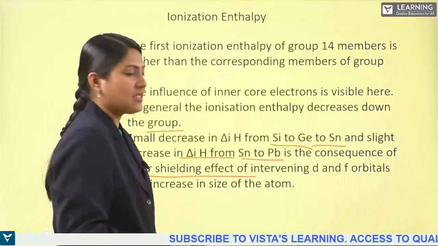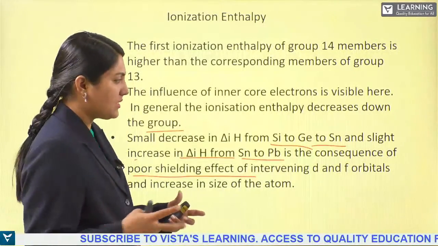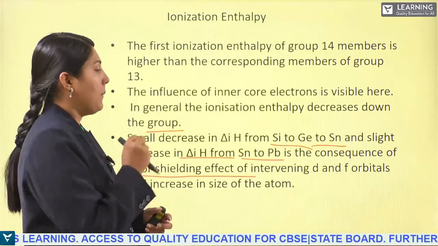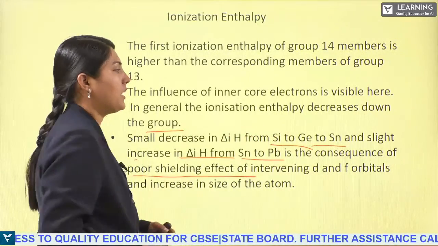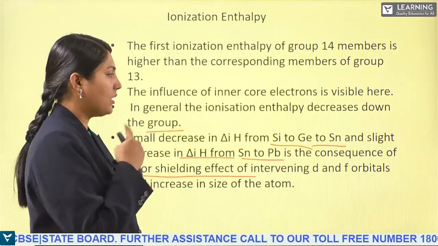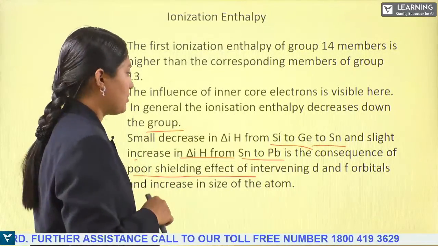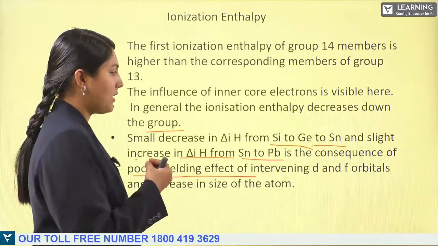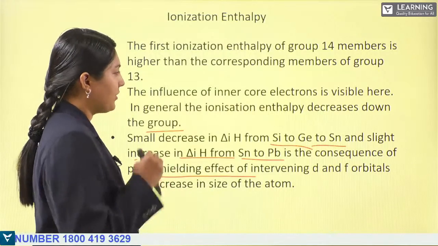As the size increases, it cannot hold the outermost electrons. But silicon and germanium have a smaller radius, so they can easily hold on to the outermost electron. So from tin to lead, ionization energy slightly decreases.